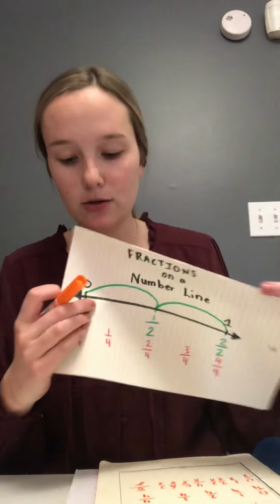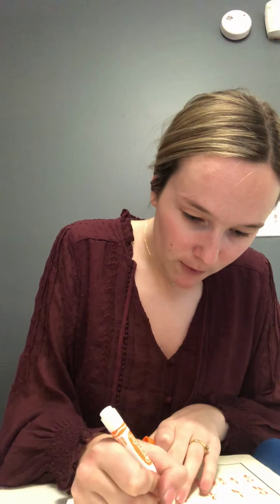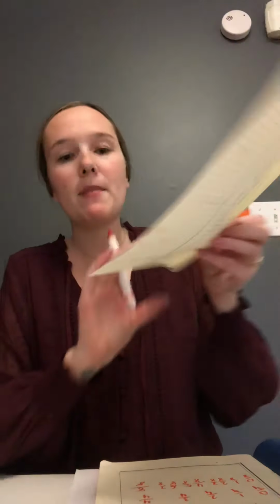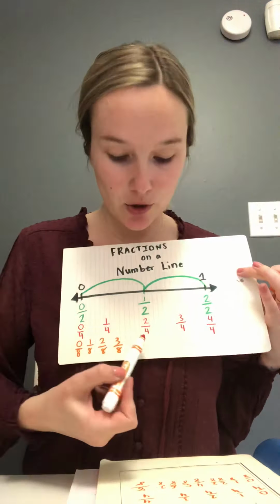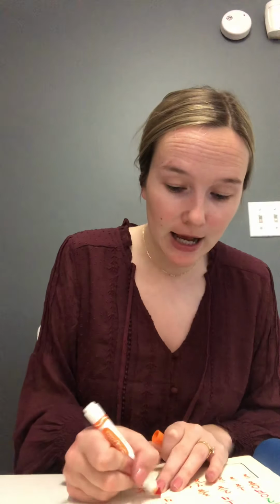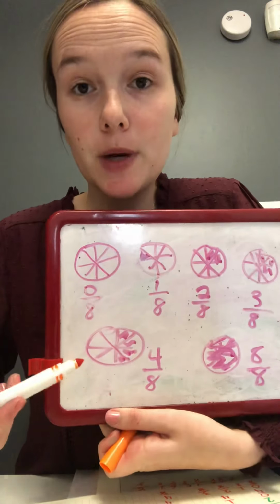So I'm gonna start with 0 out of 8, and the 0 out of 8 is gonna go where my 0 is. And then I'll have 1/8, 2/8, 3/8. But my 4 out of 8 is gonna go right under 1/2 and 2/4, because 4 out of 8, as we remember, is still half, because half of my pizza is covered.